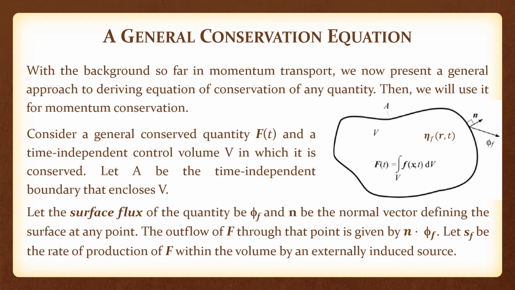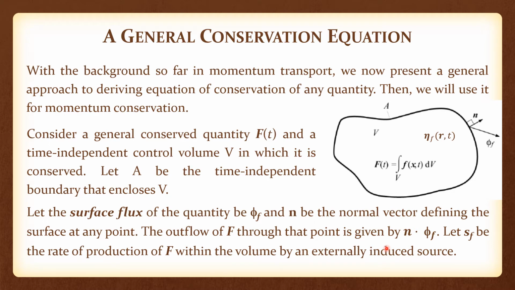Now there is the other quantity that we are going to define. Let S f be the rate of production of this quantity within this volume. So within this particular volume, what is the rate at which this quantity is produced by an externally induced force?